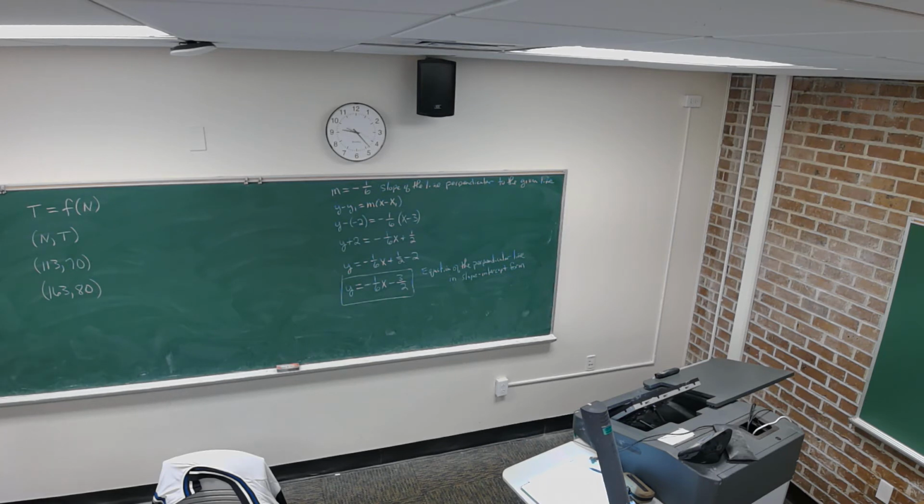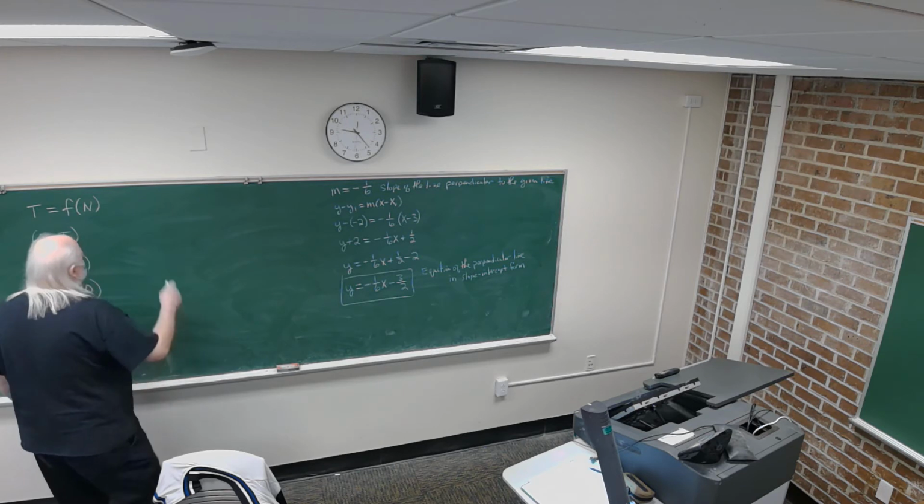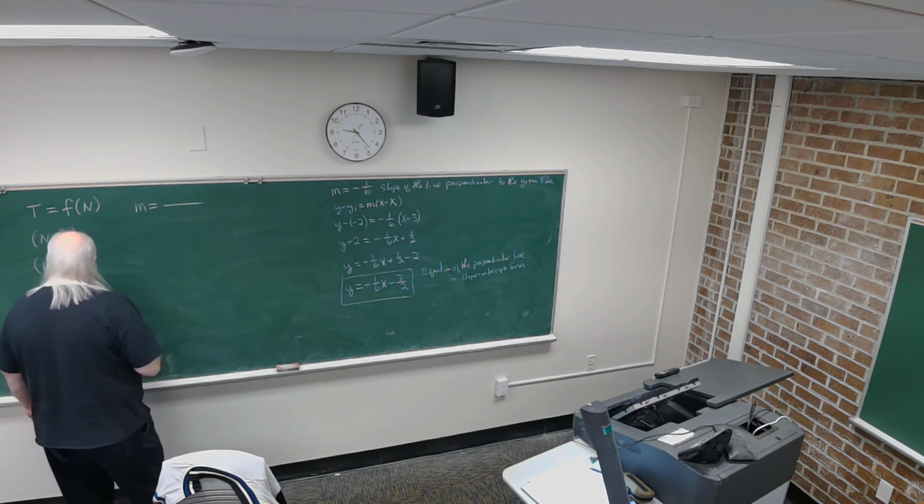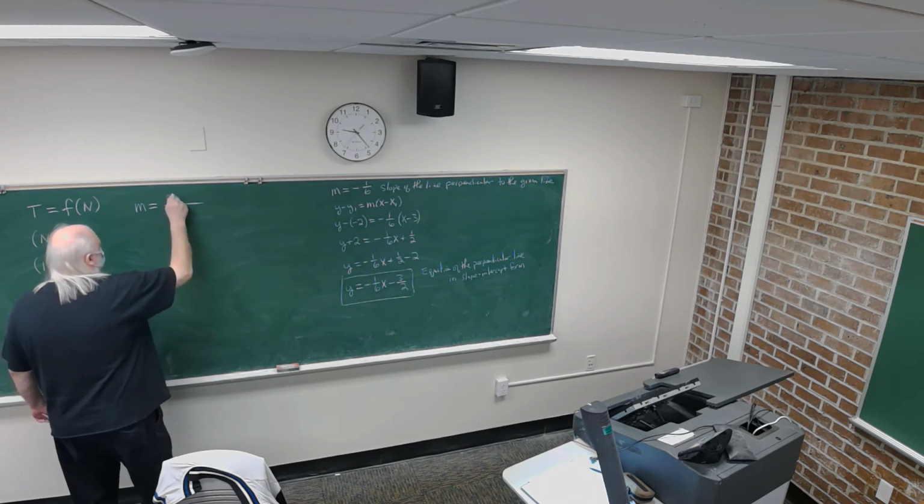With those 2 points, we can calculate the slope of the line through them and get the equation of the line. And then we'll have what's called the linear function for this problem. So the slope m through those 2 points is change in y over change in x.